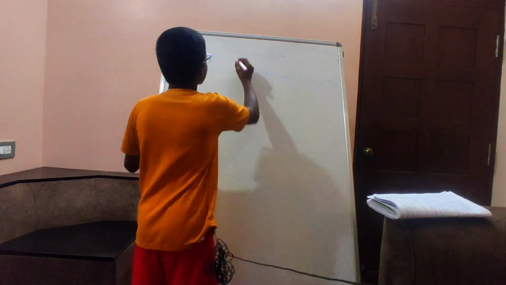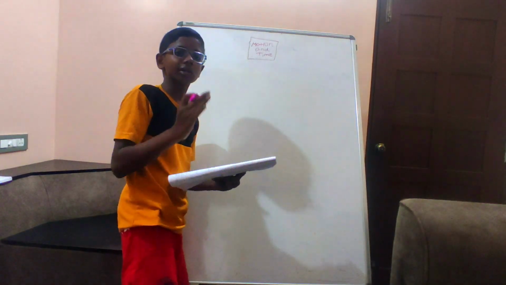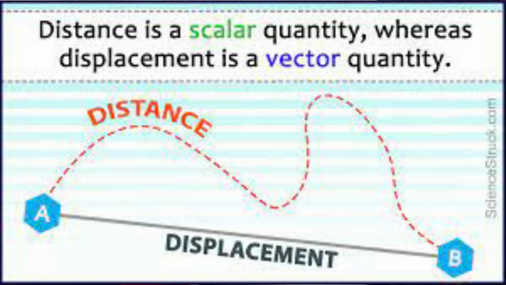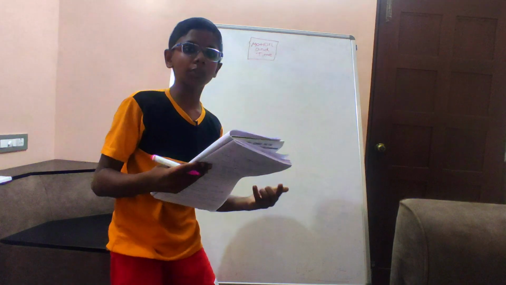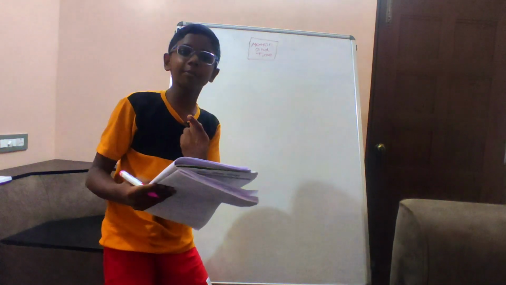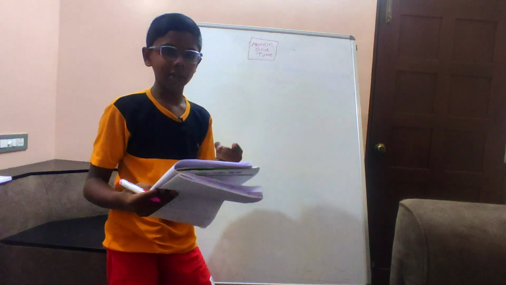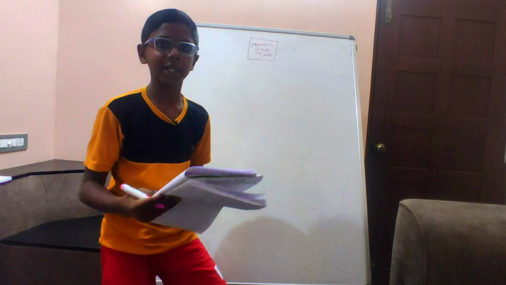So first of all, let's look at the heading. Let's start with what is distance and what is displacement, the basic difference between distance and displacement. Distance is the total movement of an object without any regard to direction. I'll explain this to you guys. And displacement is the shortest distance between the starting and the ending point.